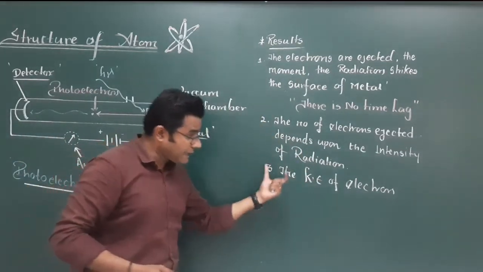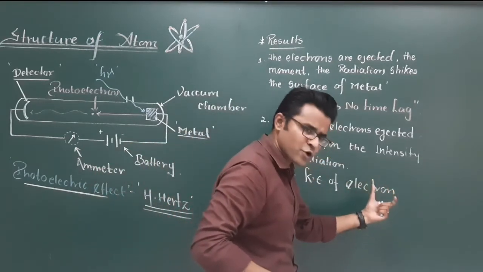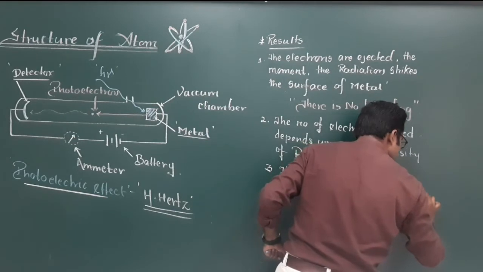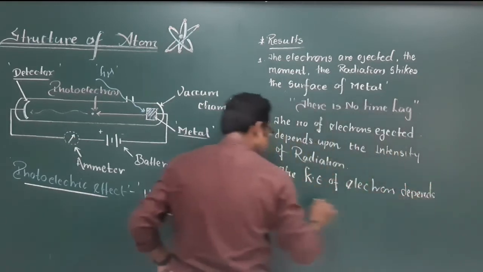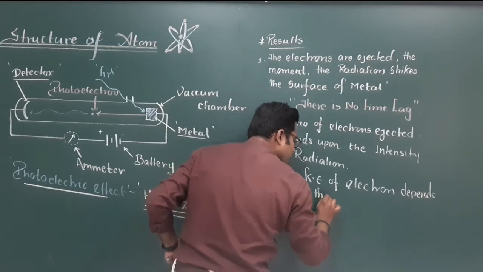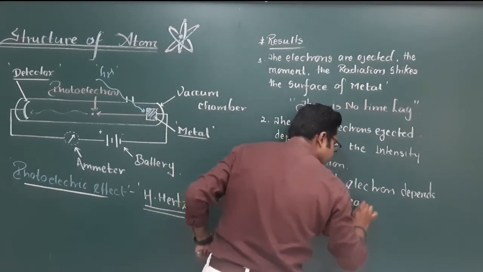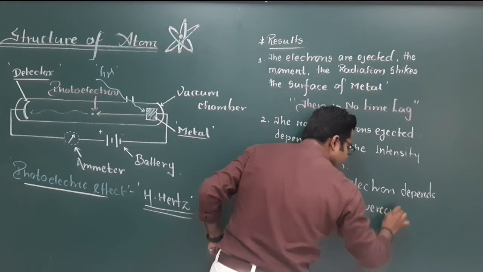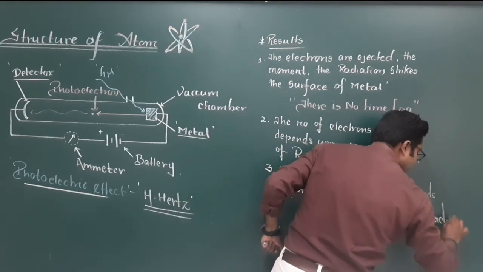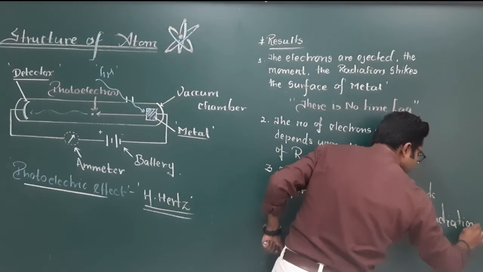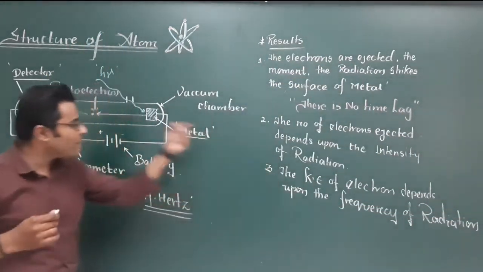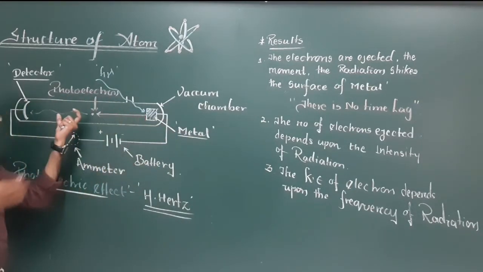Now the kinetic energy of this electron depends upon the frequency of radiation. So, the higher the frequency of this radiation, the more is the kinetic energy of the electron that is ejected.